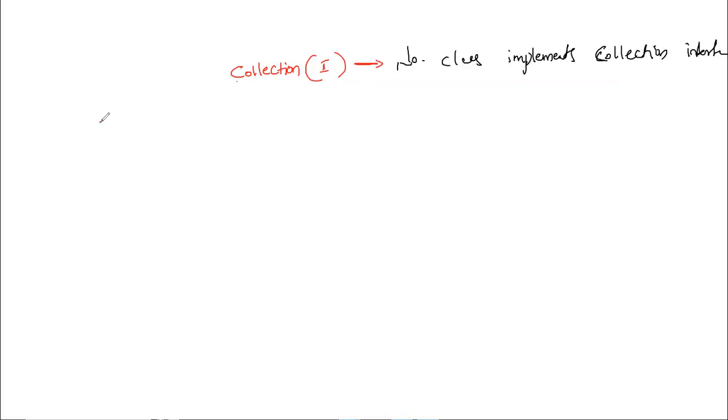In any order, let me start with Set, next List, and then Queue, and then Map, which is not a child of this one. Set, List and Queue. Any other interfaces which belong to Set?